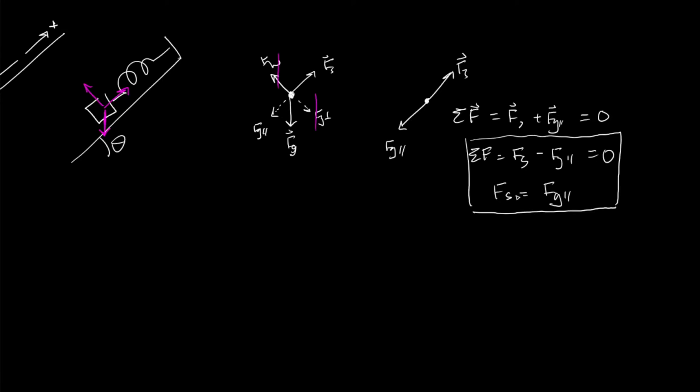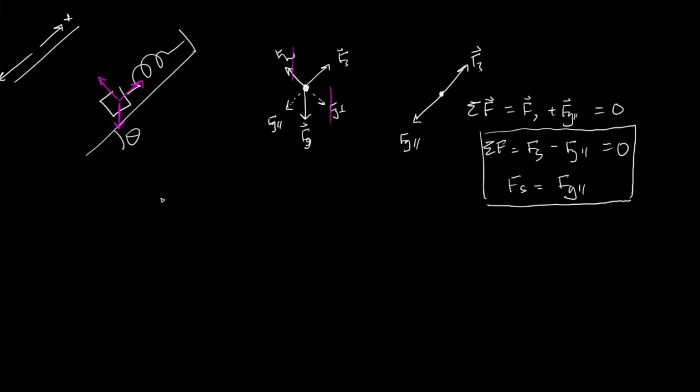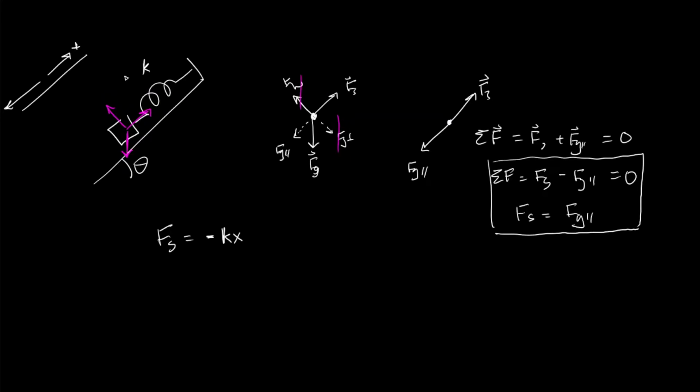We can use Hooke's law, which says that spring force is equal to negative Kx, where K is the stiffness of that spring, and X is the displacement, how much the spring is compressed or stretched by.